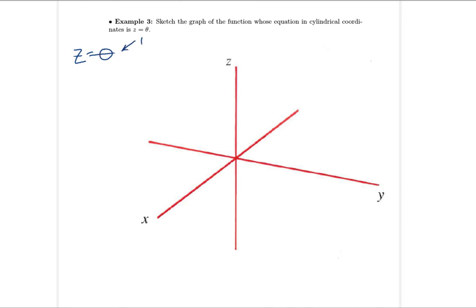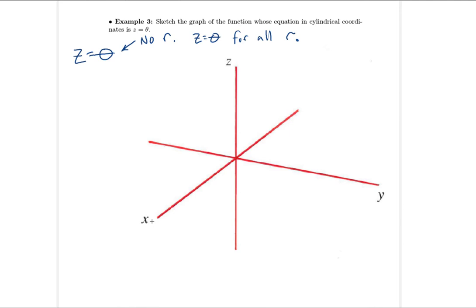There's no r. No r, though, means that z equals theta for all r. So it doesn't matter what r is. Now, that means all r values exist, but that'd be really hard to graph. So we will stop it at some point.